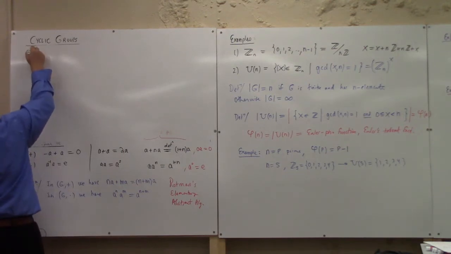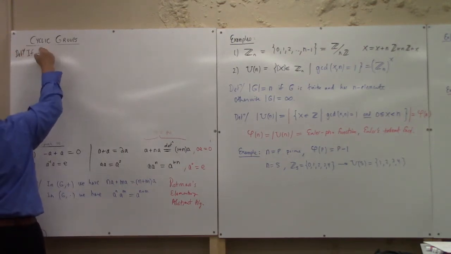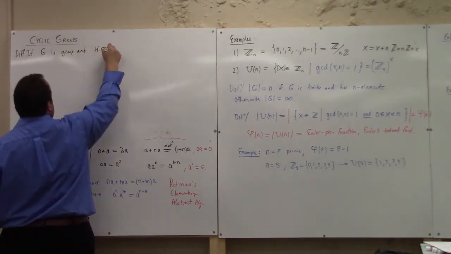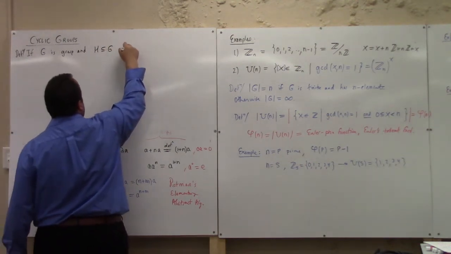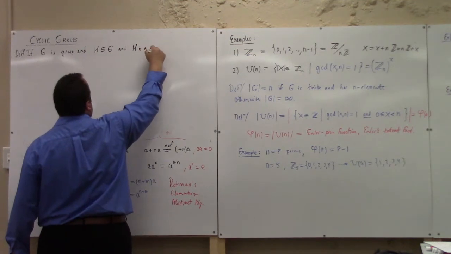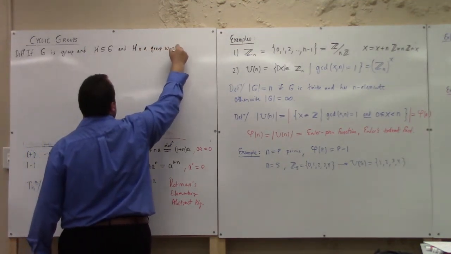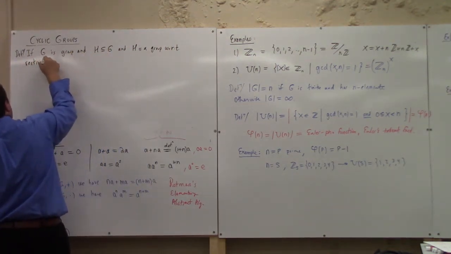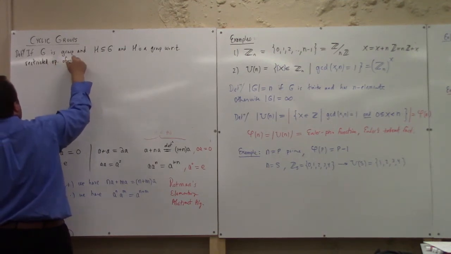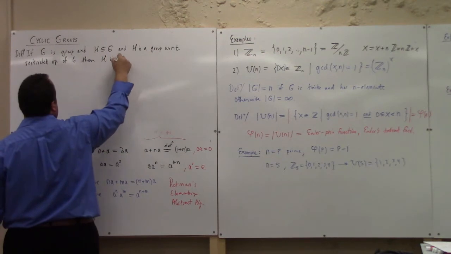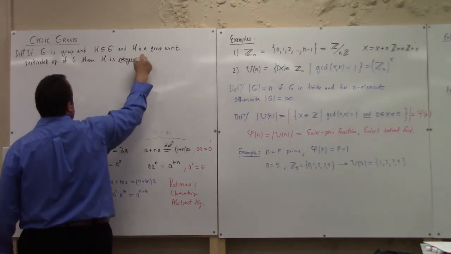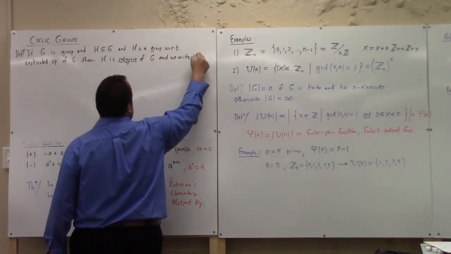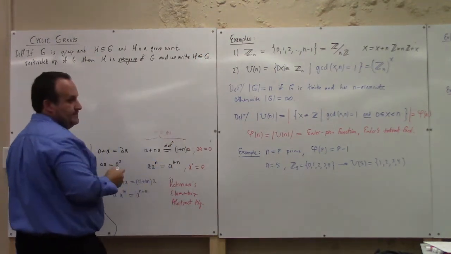So if G is a group, and H is a subset of G, and H is a group with respect to the restricted operations of G, then H is a subgroup of G, and we write H less than or equal to G. Okay?